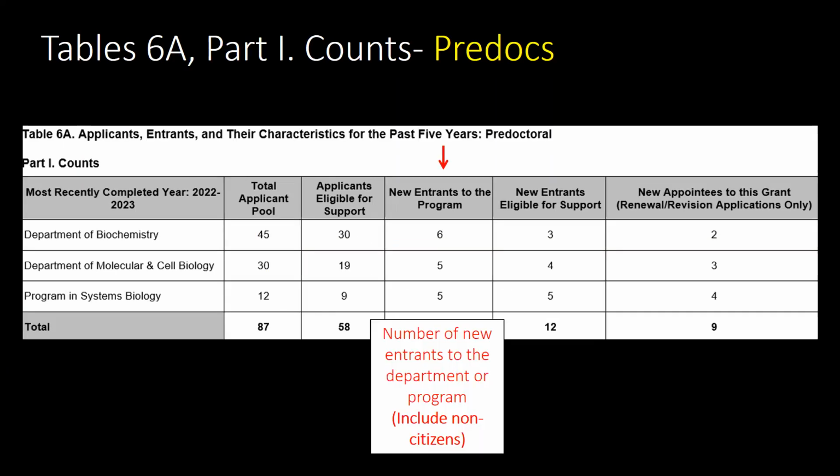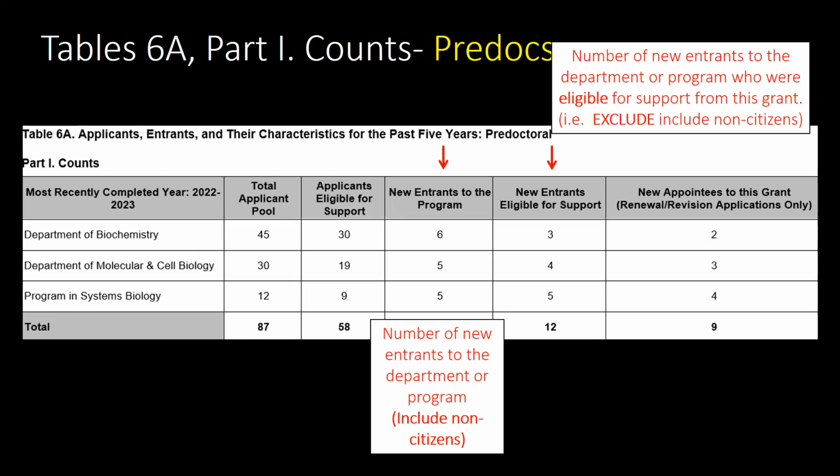And then that next column is how many are new entrants to the program. So based on your total applicant pool of 45, only 6 actually entered into the program. So you take 6 out of 45. And then out of that 6, how many were eligible for support? So you can say here, only 3 of them are non-citizens, and 3 are citizens.